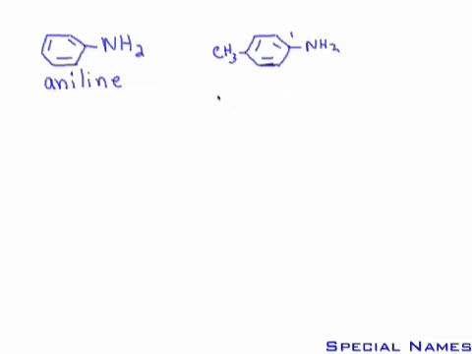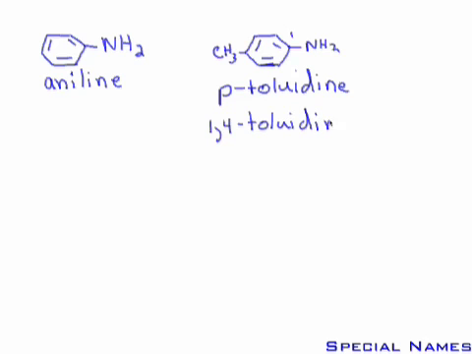Often we say 1,4-toluidine or 4-toluidine or para-toluidine. It's a toluene combined with an aniline, and so it's given the special name toluidine. Or often you would say 1,4-toluidine, or just 4. All designations have been used.